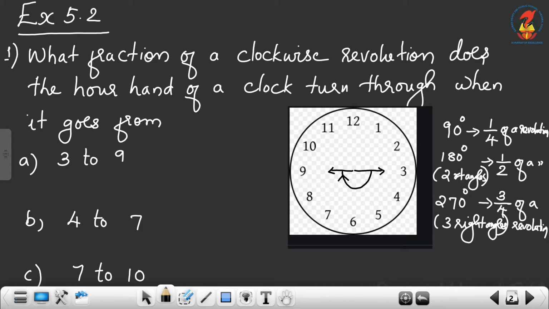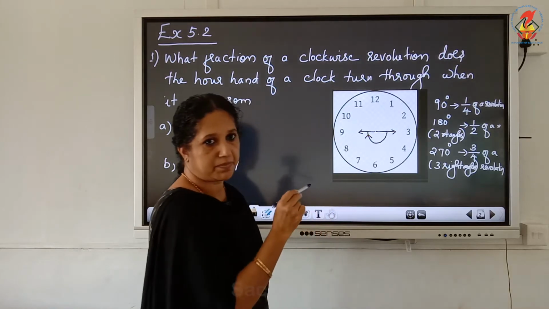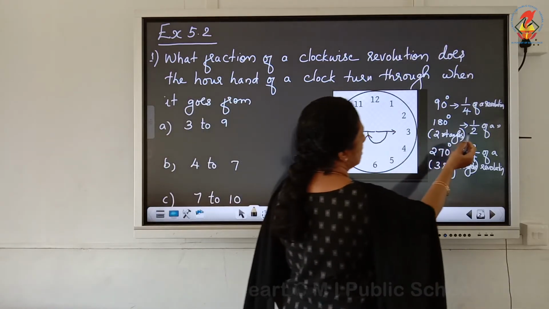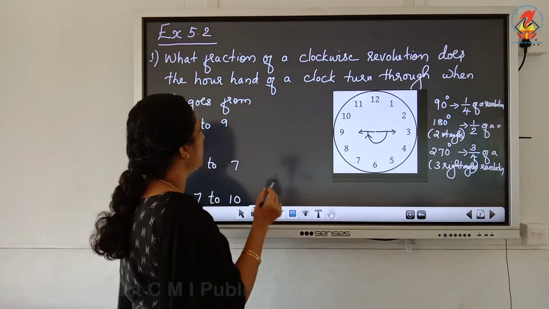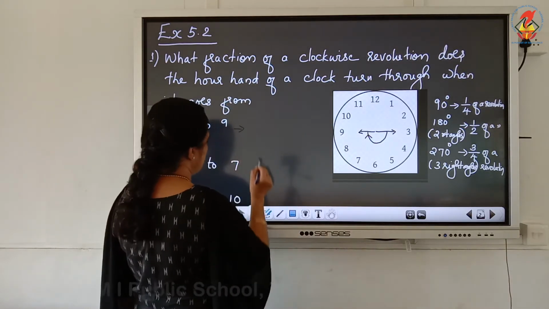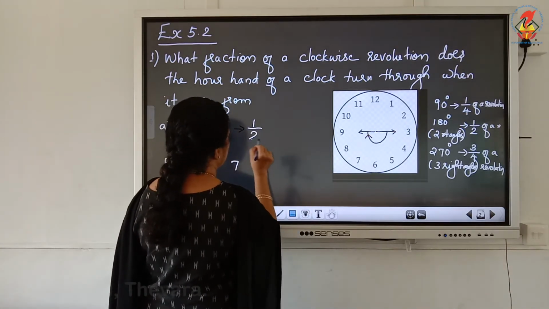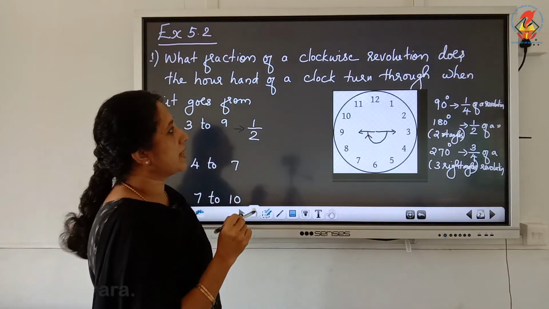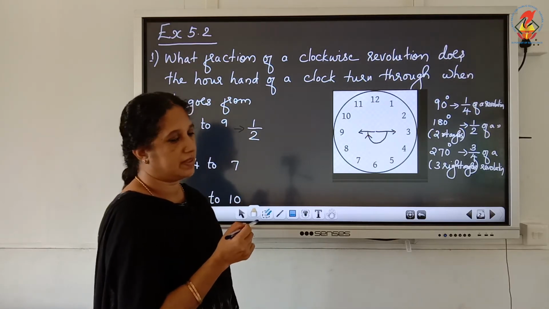So what is the angle turned here? The angle turned is 180 degree. So what fraction of a revolution? It will be half of a revolution. So the corresponding fraction is half.